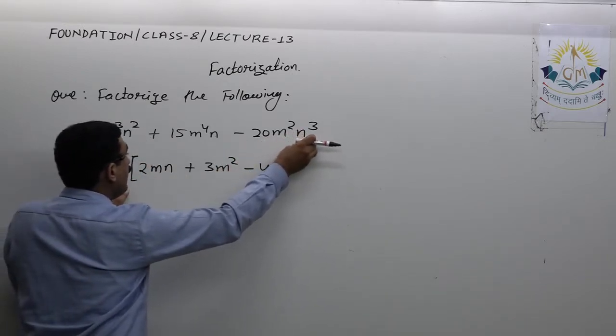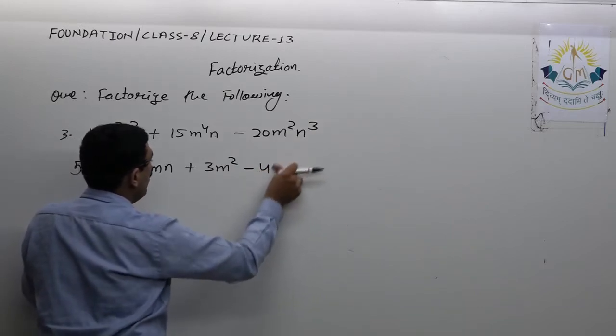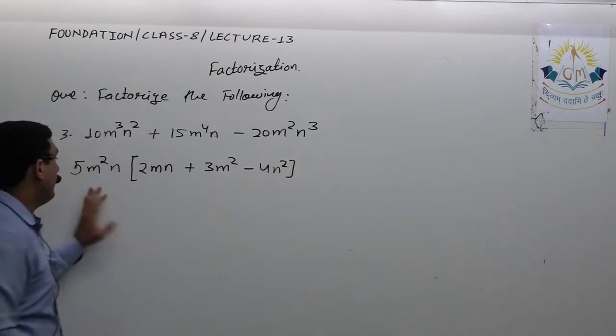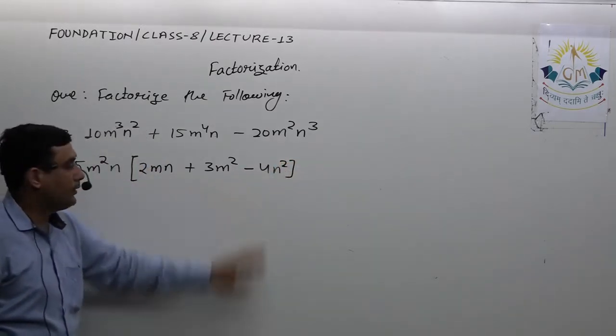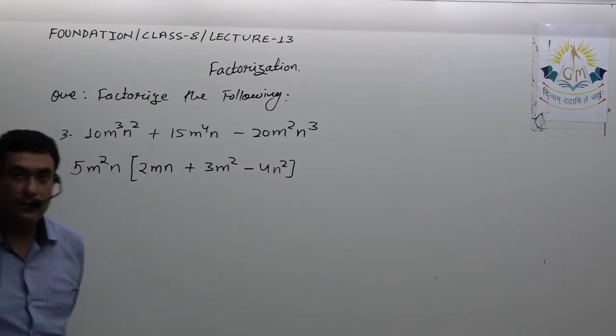Here it is n raised to 3, n raised to 1 is taken, so here we'll be left with n raised to 2. So this is the final answer: 5m square n (2mn plus 3m square minus 4n square). So note it down, then we'll see the next question.